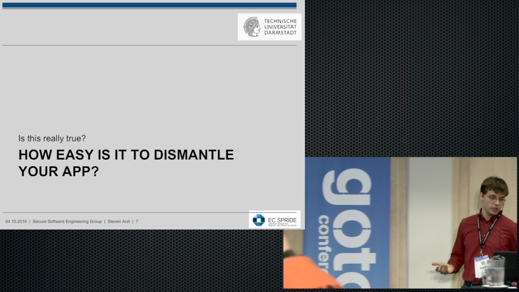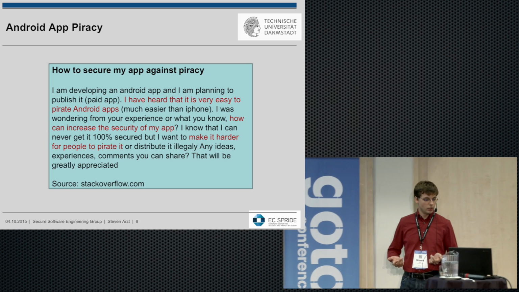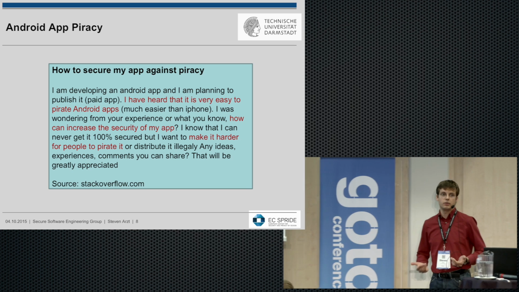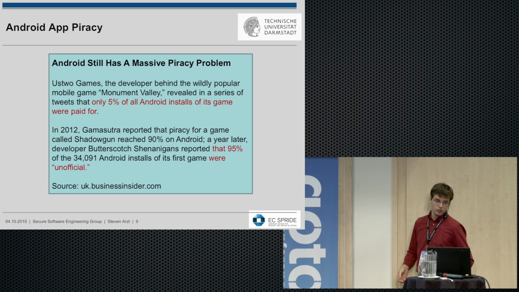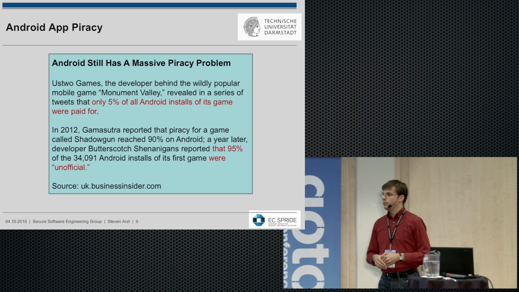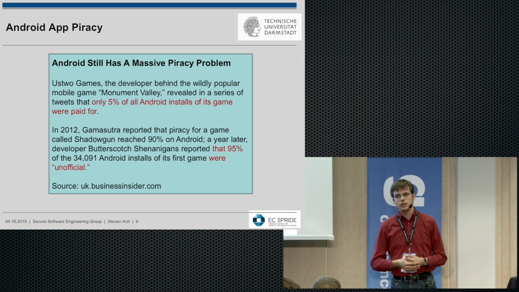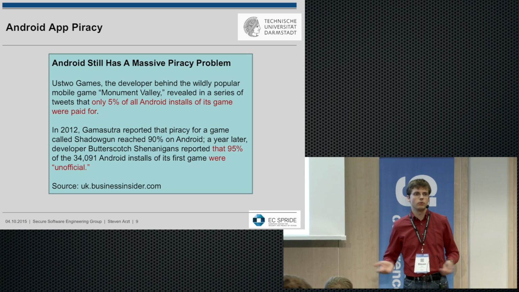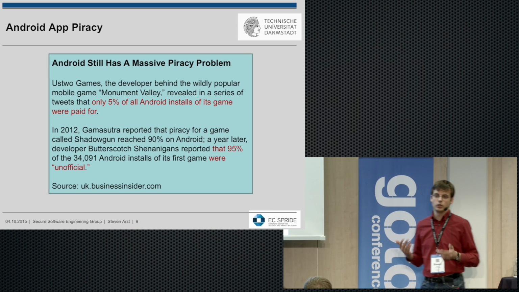So for instance, here's a guy who said that, okay, I've heard that it's very easy to pirate Android apps. Is there anything I can do about it to make it harder for people? Or here's another guy. They complained that only about 5% of all installations of that game were actually paid for. And the other ones were from some shady places on the net and were not being paid for.